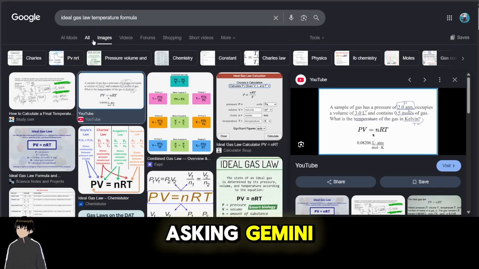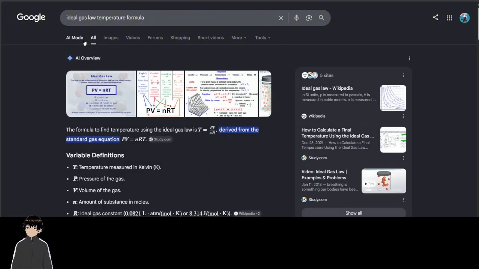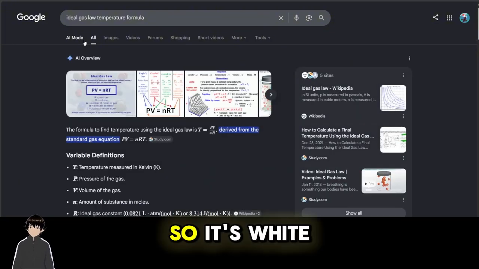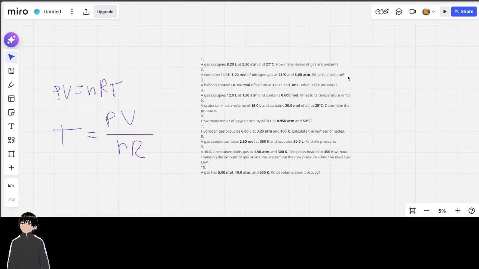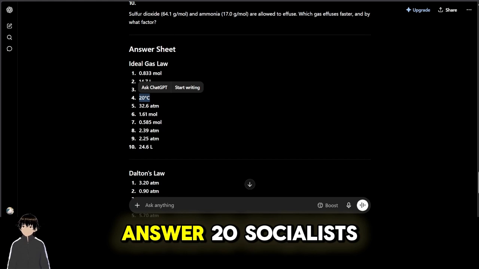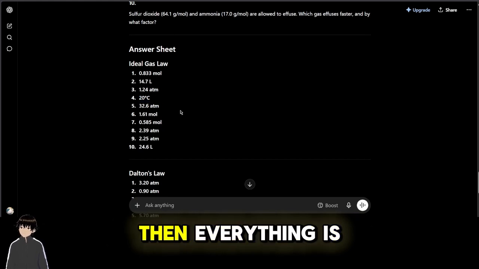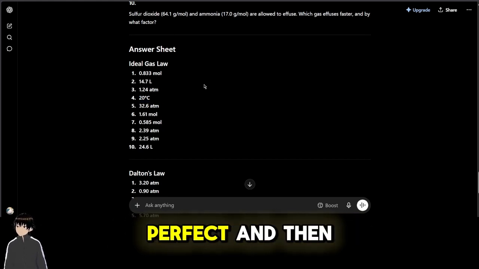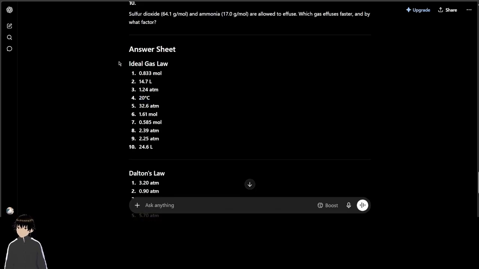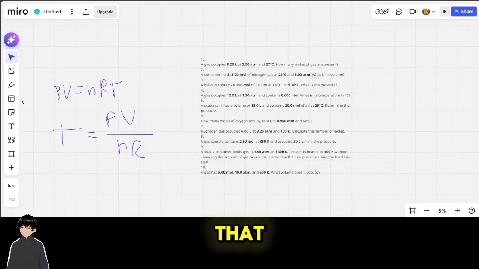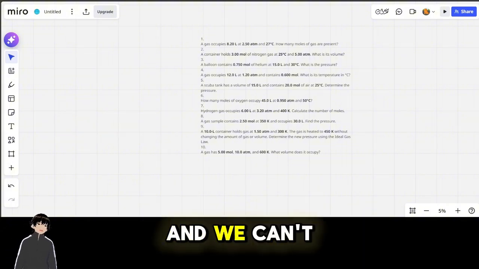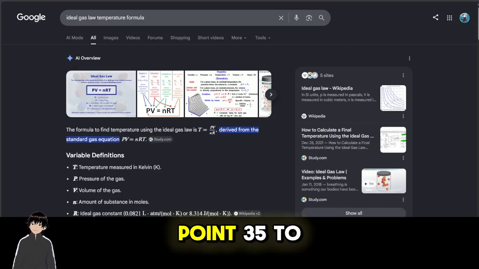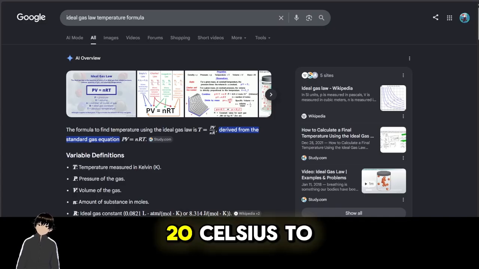Let me try asking Gemini. T equals PV over nR, so it's right. His answer is 20 Celsius then. Everything has been perfect so far, and we can't round 19.35 to 20 Celsius.